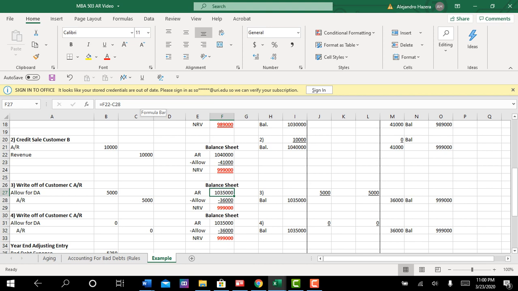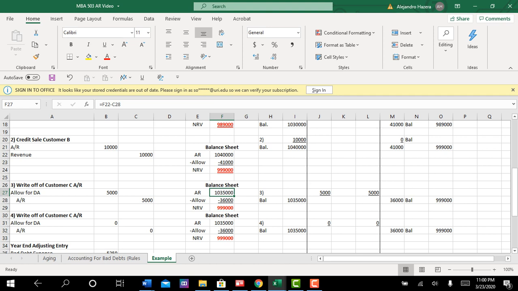The first effect is a very important one. You take that $5,000 out of accounts receivable, and you end up with $1,035,000.